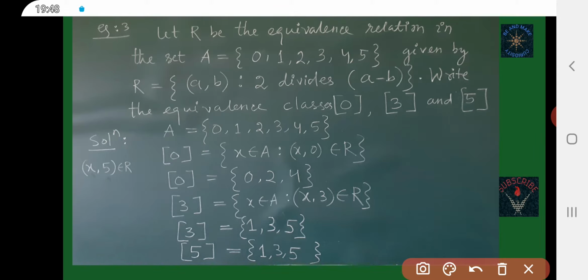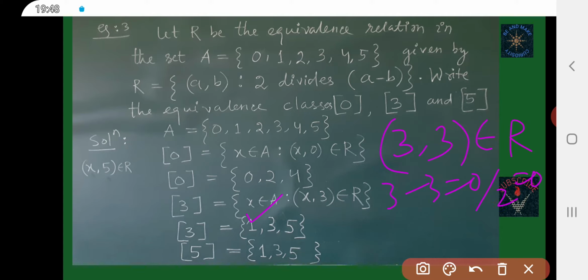So 3 is related to 1 or 1 is related to 3. So here you can take 1. Then (3, 3) belongs to R, because 3 minus 3 equals 0, which is divisible by 2.